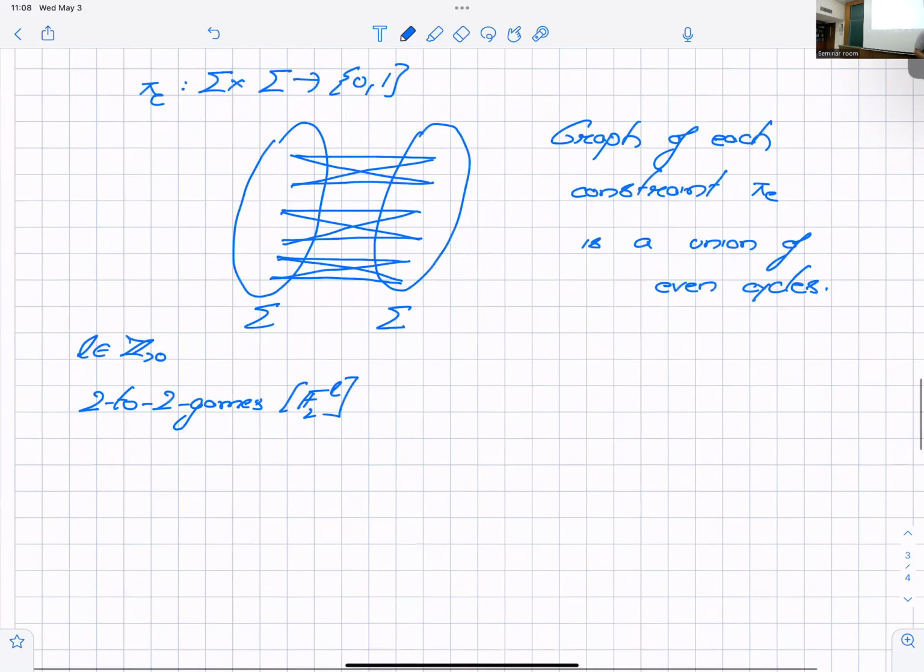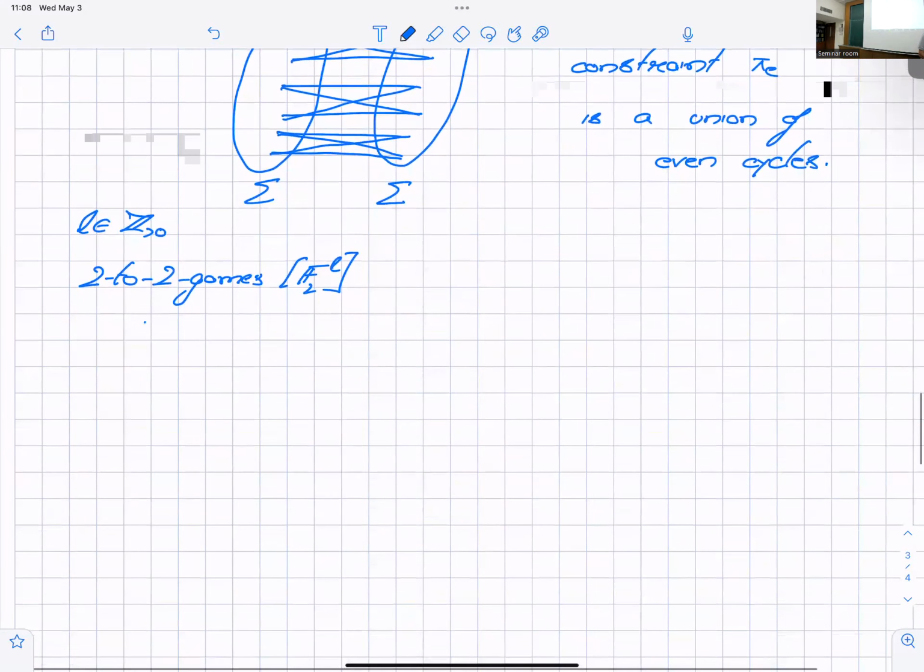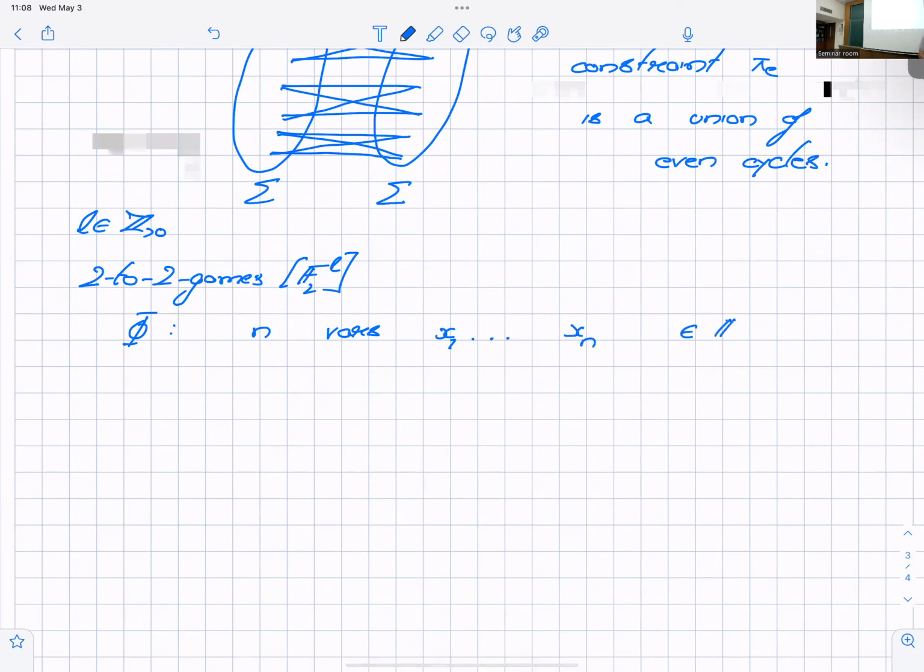The instance P is going to have n variables, x1, x2, ..., xn, and each of the variables takes values in F2^L. So the underlying alphabet, think of it as an L-bit alphabet. There are m constraints, C1, C2, ..., Cm.